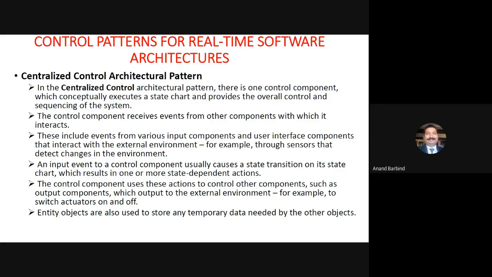If it is a centralized control architectural pattern, there is one control component which conceptually executes a state chart and provides the overall control and sequencing of the system. The control component receives events from other components with which it interacts.